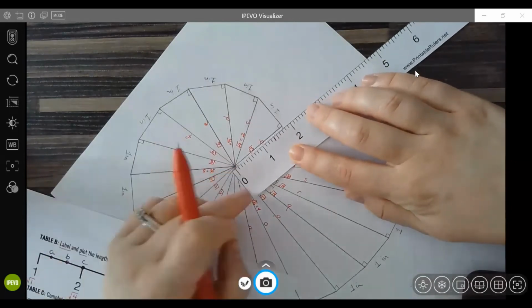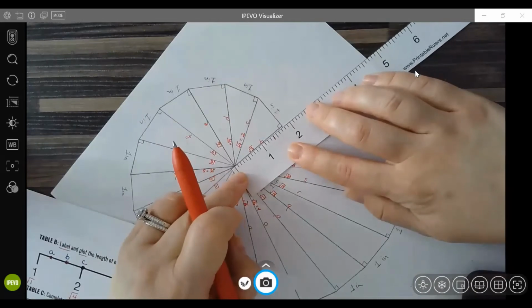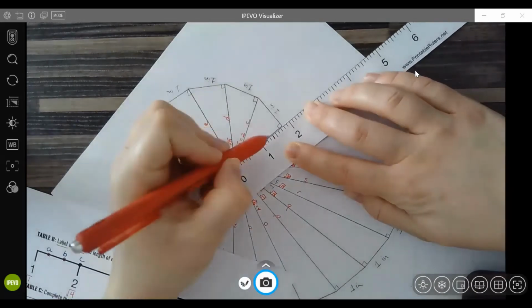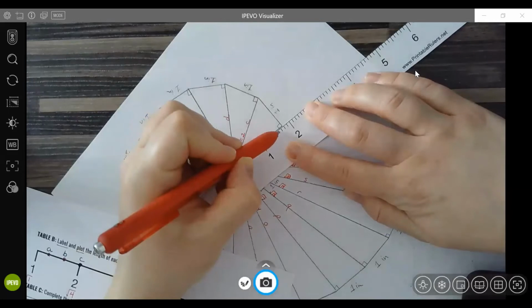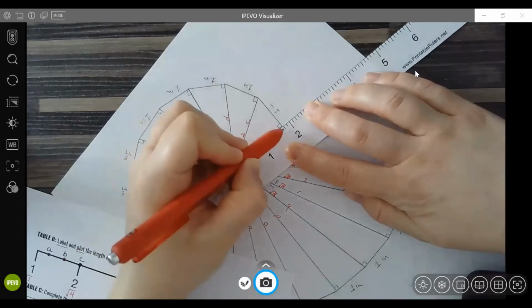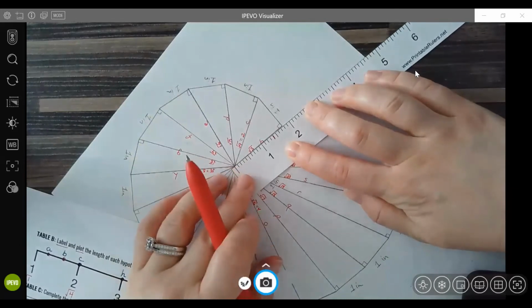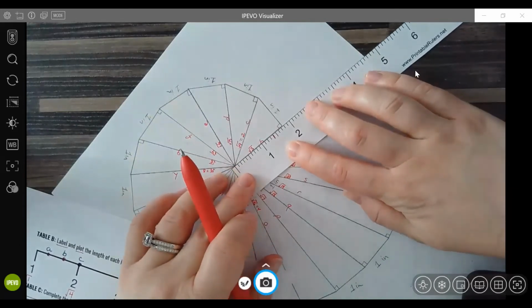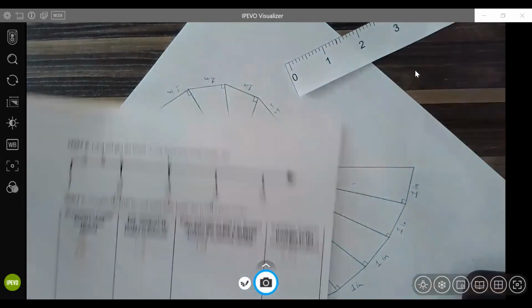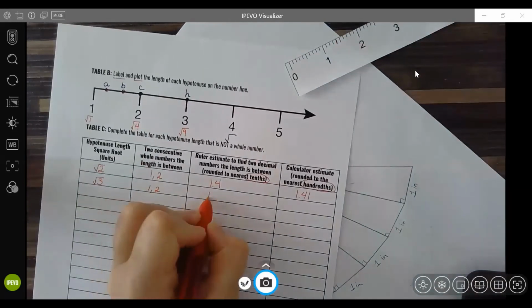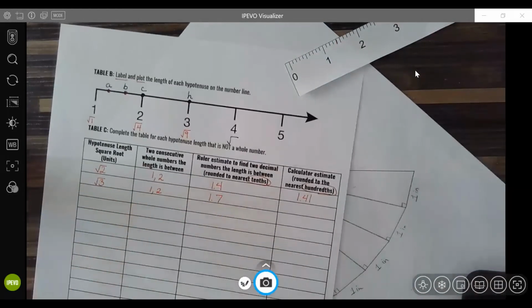That's not where it begins for measuring. And you're going to line it up, and it looks like we're at about, if this was 4, 5, 6, 7, 8, just right before 8. So I would probably round it to about 1.7 or 1.8. That's really up to you. This is why it's an estimate. Let's say I round it to 1.7.